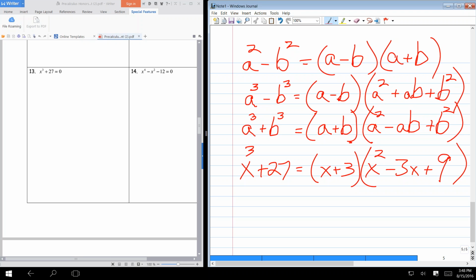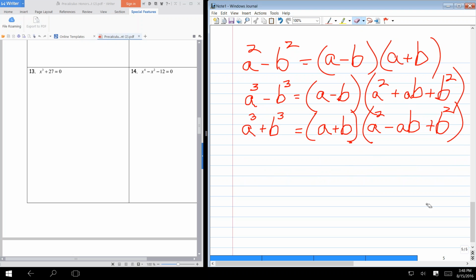Good. And just for your information, this never factors again. That's never a quadratic that can be factored normally. So you don't need to spend any time trying to see whether that factors. Okay. And okay, that's enough on that. But you definitely want to memorize these three right here.